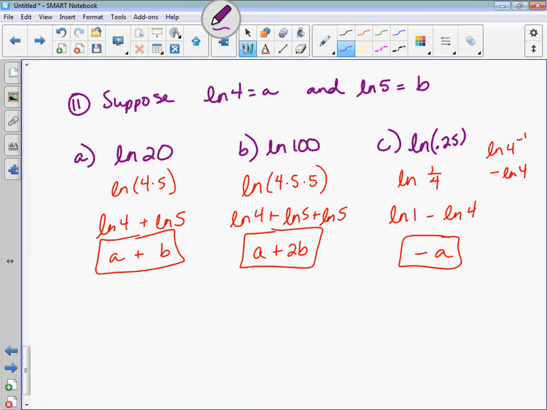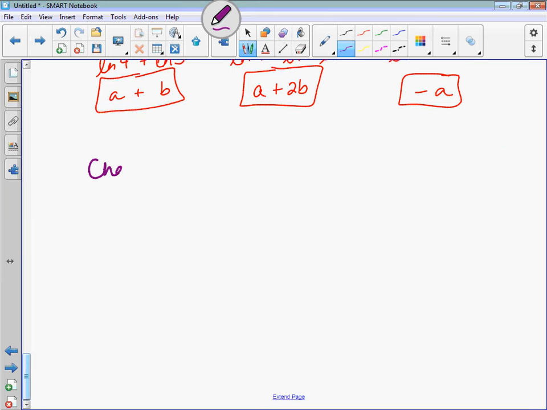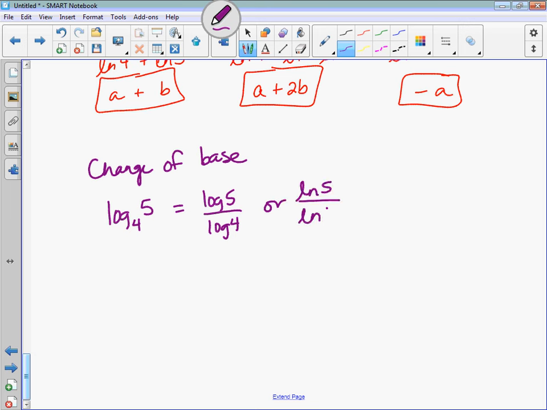All right, guys, last thing real quick here is called the change of base. This is a way to evaluate logs that are not base 10 or base E. So if I have log base 4 of 5, with change of base, I could write that as log of 5 over log of 4, or natural log of 5 over natural log of 4.